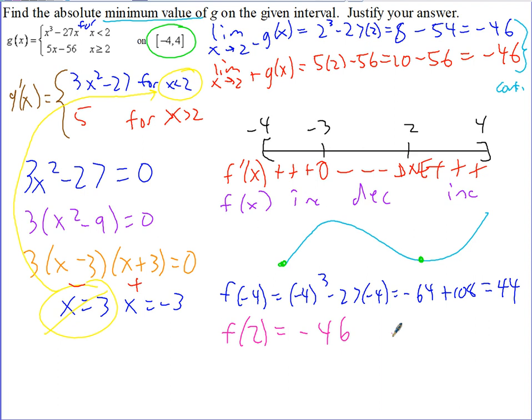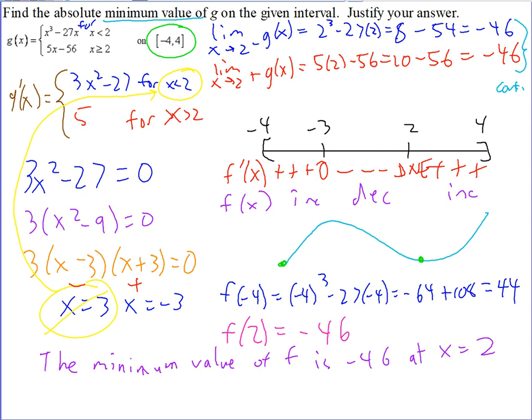So we can say the minimum value of f is negative 46, x equals 2.